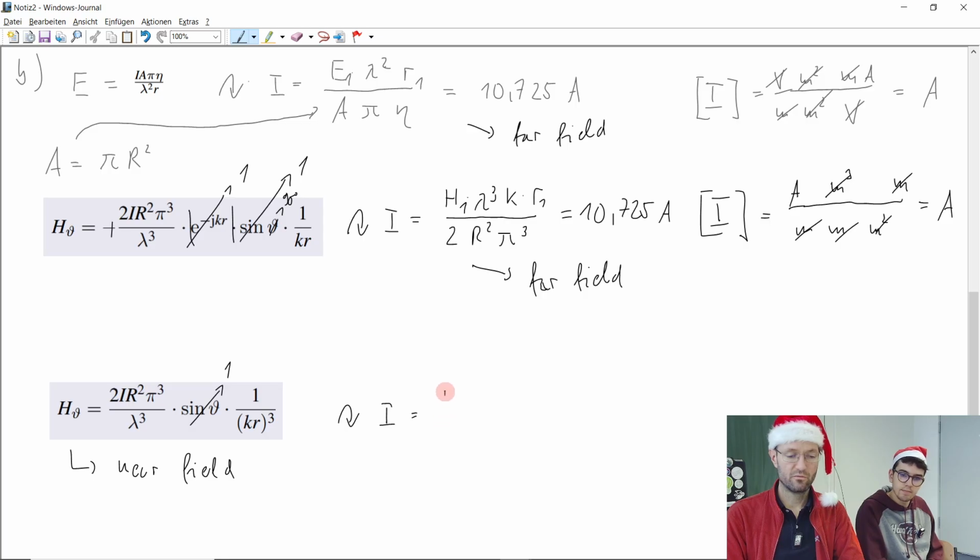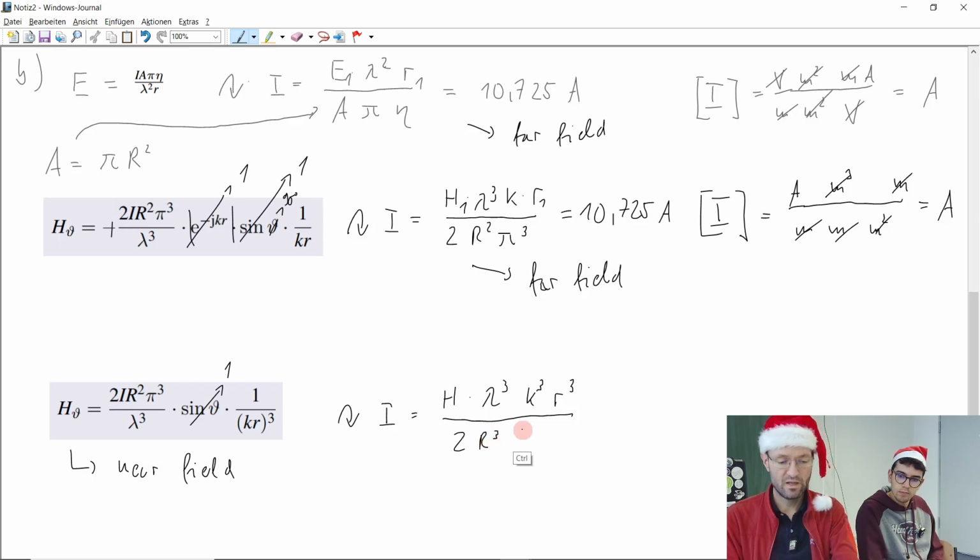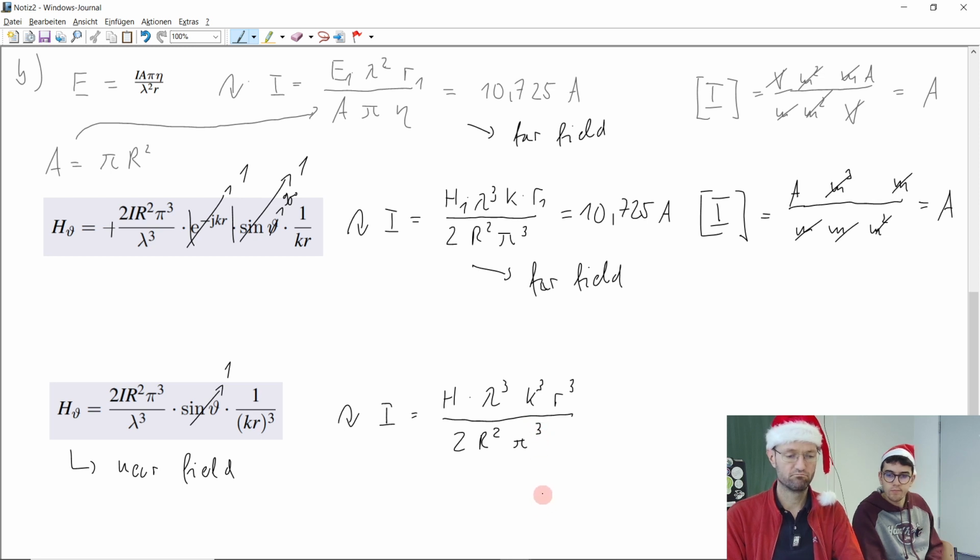And so we need to have our H field multiplied with lambda to the power of 3 and k to the power of 3 and r to the power of 3. And we need to divide by 2r squared and p to the power of 3. That should be it. So we can check the unit, of course.